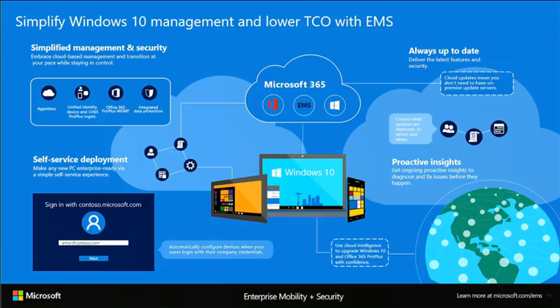So configuration, policies, security, applications, and that's where Intune MDM comes in, store for business, advanced threat protection. Then continuing to keeping the device up to date with Windows Update for Business. And then finally, those proactive insights that we talked about through Windows Analytics and the solutions that it provides for device health, upgrade readiness, and so on.